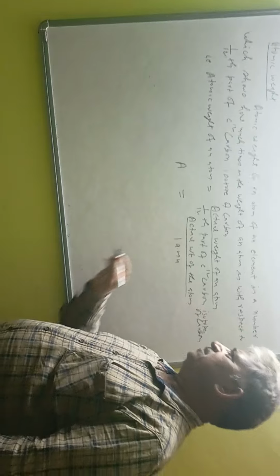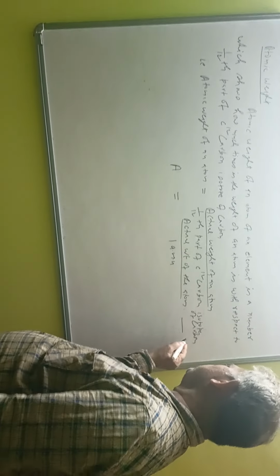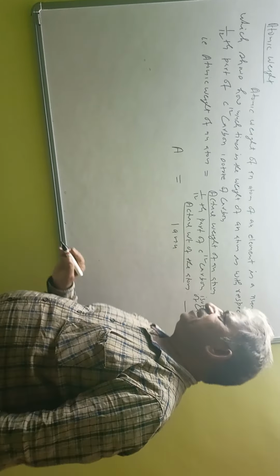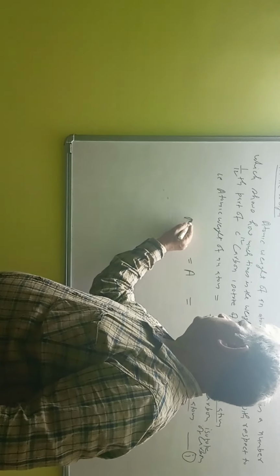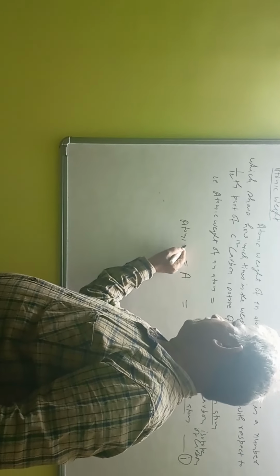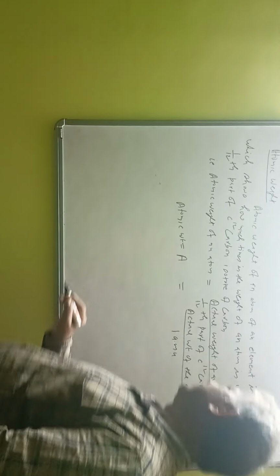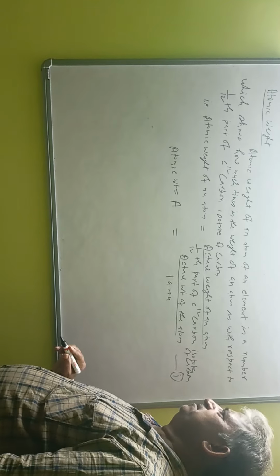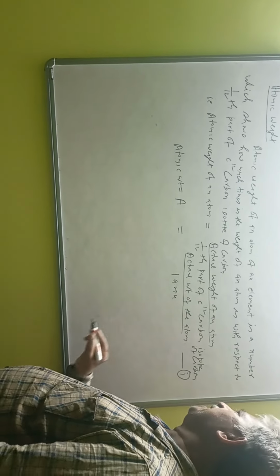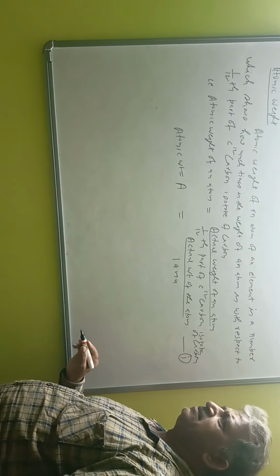Here, this is an equation where there are three things. First, atomic weight, second, AMU, and third is the actual weight of an atom.